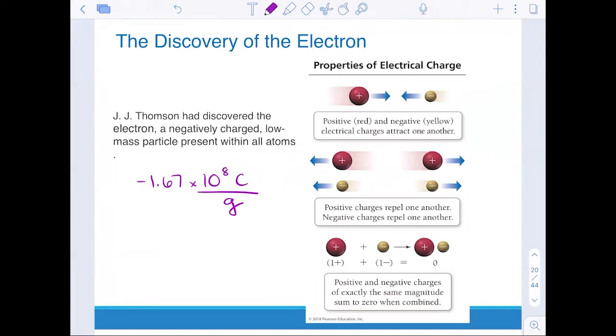So the electron mass itself was small, smaller than any other atom that had been discovered at the time. And so with that idea of being negatively charged, he started to identify the properties of electric charges. Opposites attract. A positive and a negative come together, right? Like charges repel.